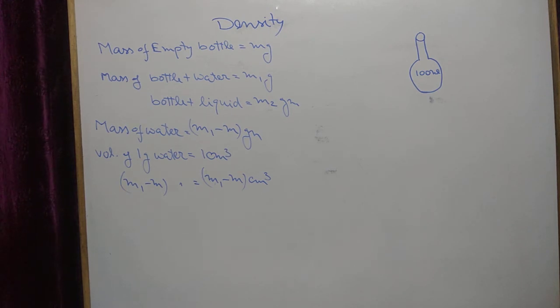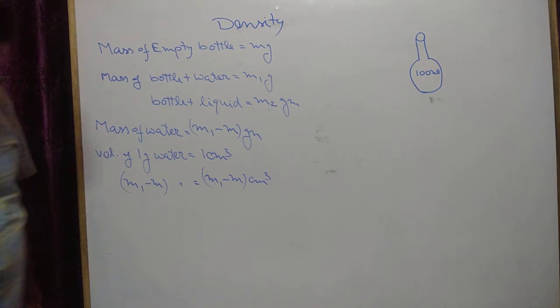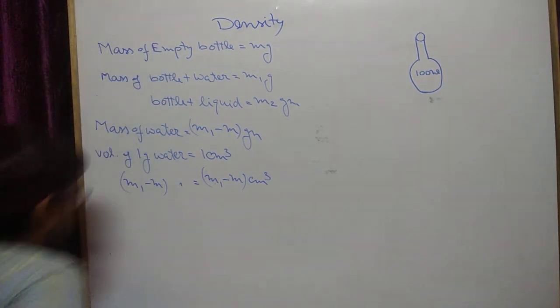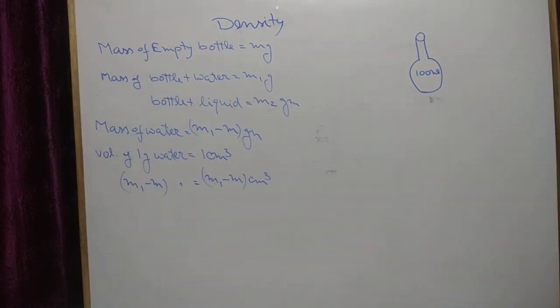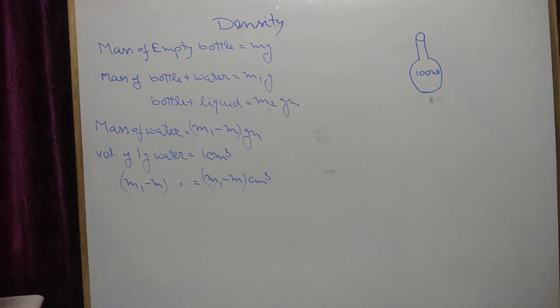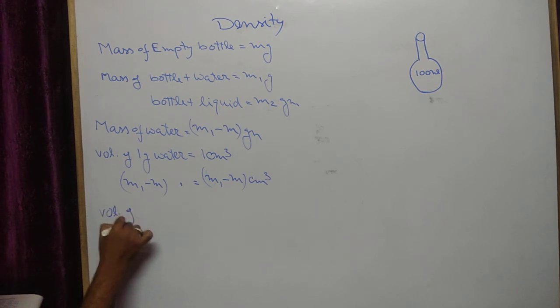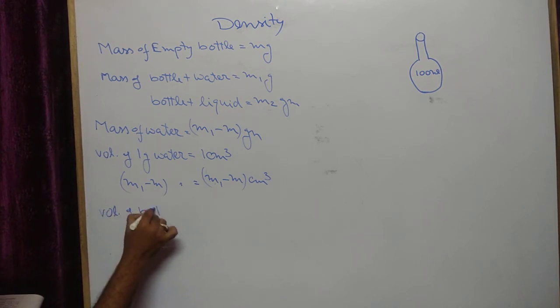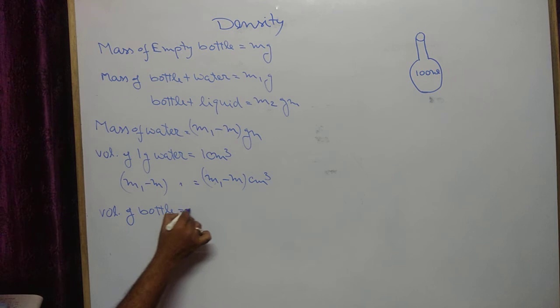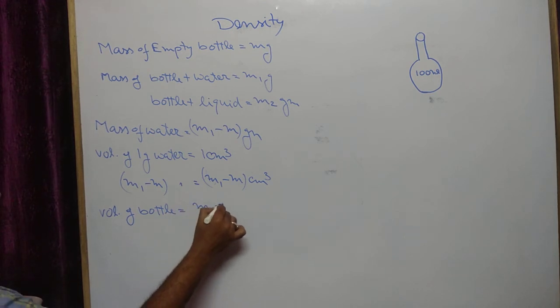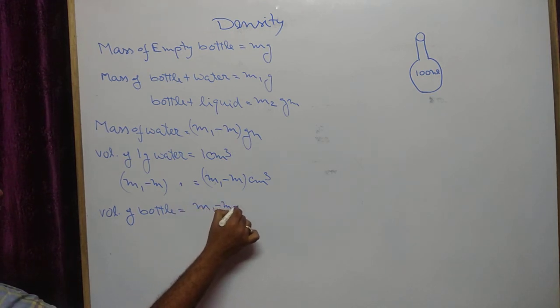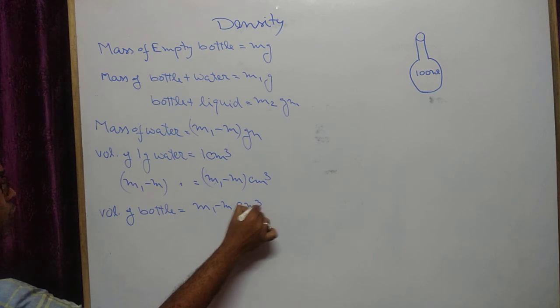So similarly from this we can say volume of bottle is also the same, it's m1 minus m centimeter cube.